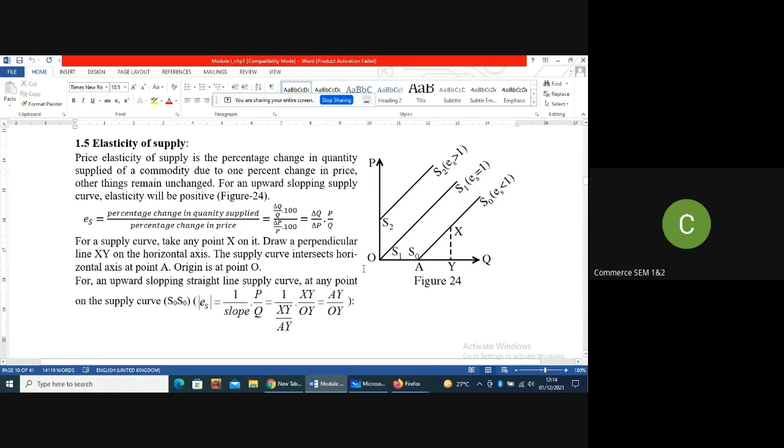Now, for this curve S0, AY is smaller than OY. So the elasticity at point X must be less than 1.